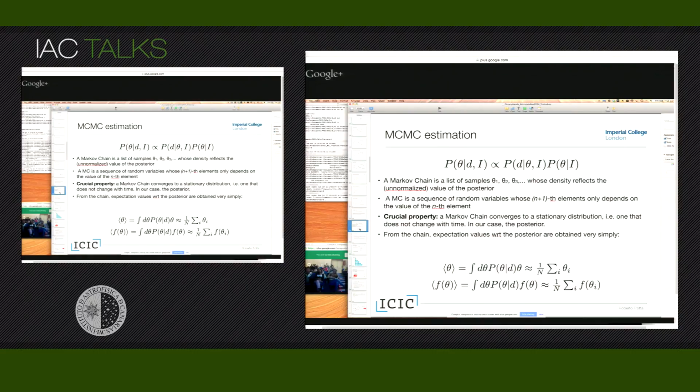A Markov chain in particular is a sequence of random variables where the n plus 1 element only depends on the value of the previous element. And the crucial property is that it converges to a stationary distribution. That's to say, for a large number of steps, the stationary distribution does not change with time and matches the target distribution, the posterior. Of course, this is only, I remind you, an asymptotic statement.